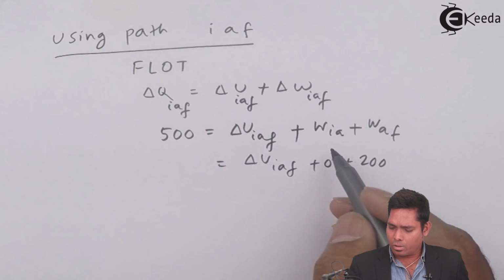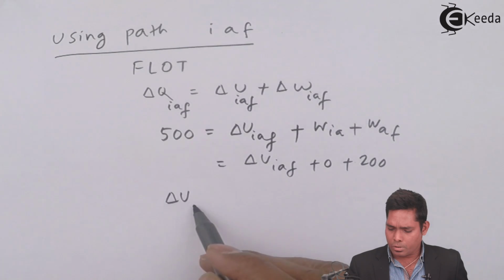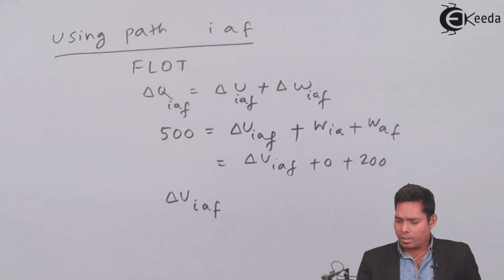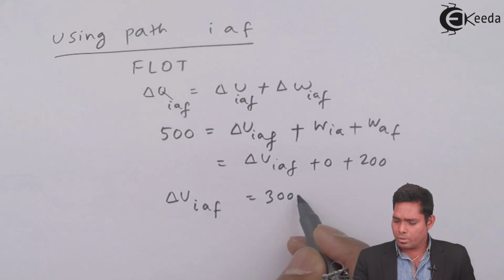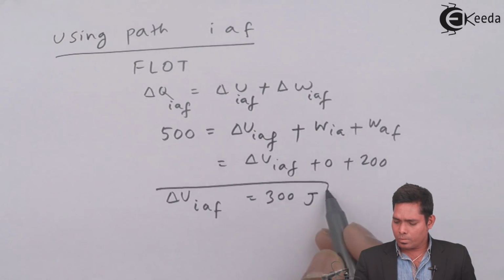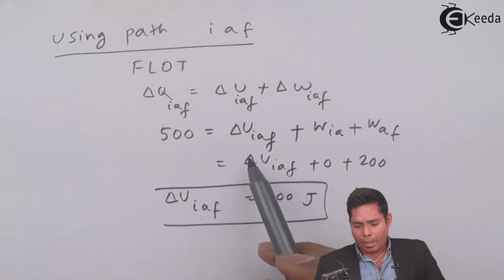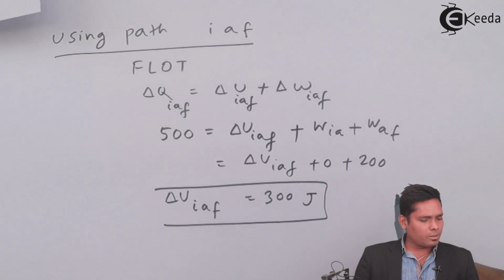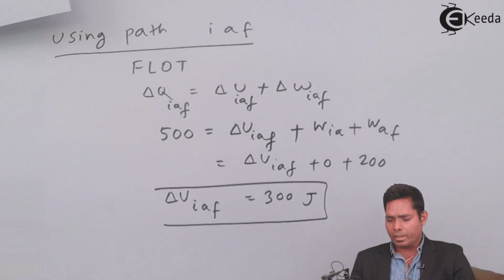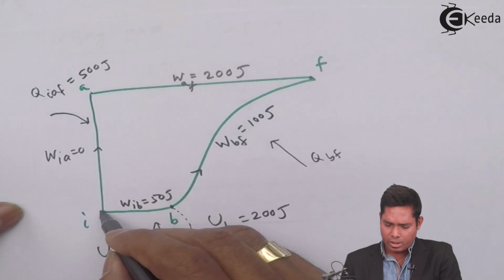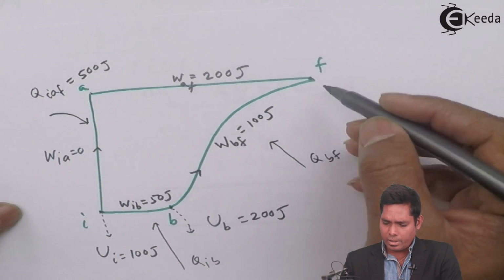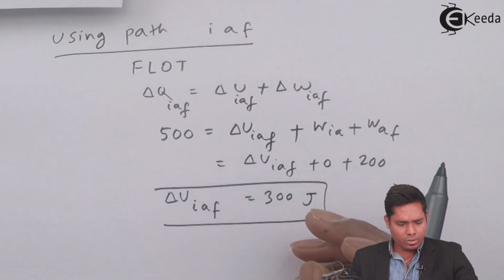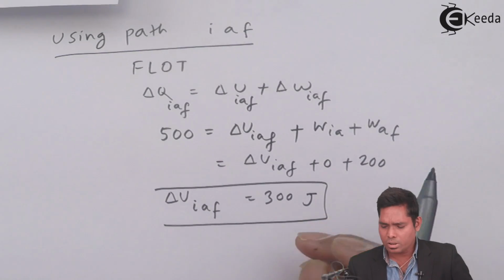So I get the change in internal energy in the first process, from I to F following this path A, that comes out to be 300 joule, because 500 minus 200 is 300. If that is the internal energy change, so here it is 100 and here the change is 300.